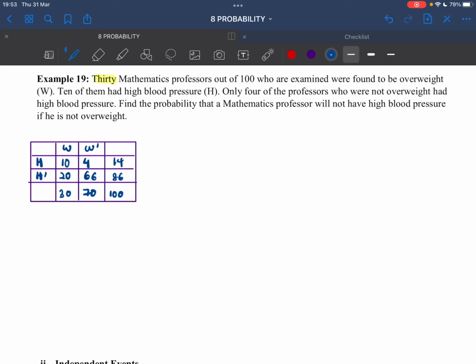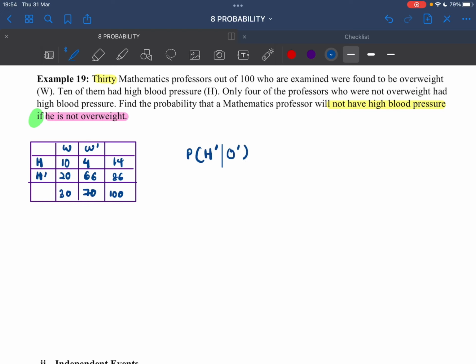So we have our table. The question asks to find the probability that a mathematics professor will not have high blood pressure, if he is not overweight. The keyword is "if". So what we are going to find is P(H prime), not having high blood pressure, given that he is not overweight, so W prime.